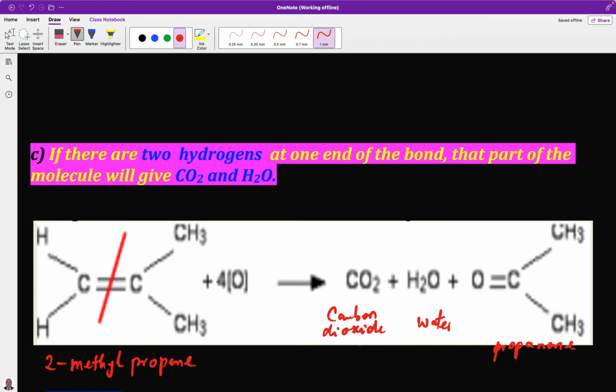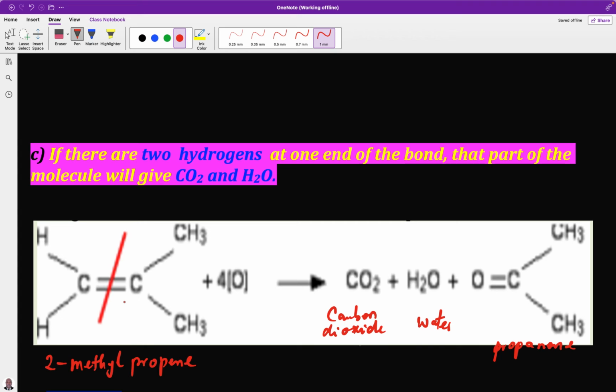This is a summary of what you are expected to know. Where there are two hydrogens, that section will be carbon dioxide and water, and this other section will remain. So if this splits, oxygen from the oxidizing agent will be added, and it gives this.